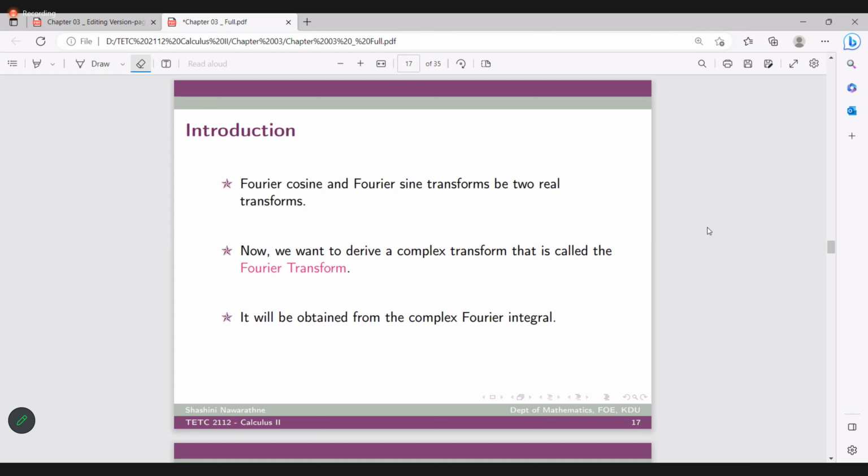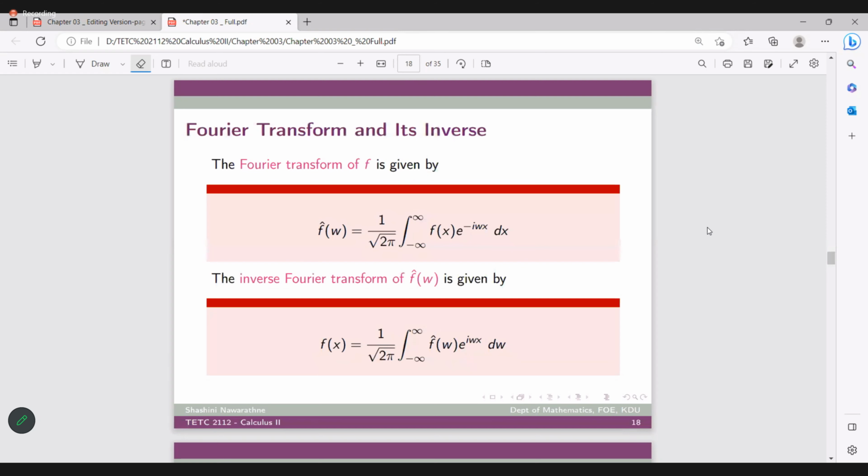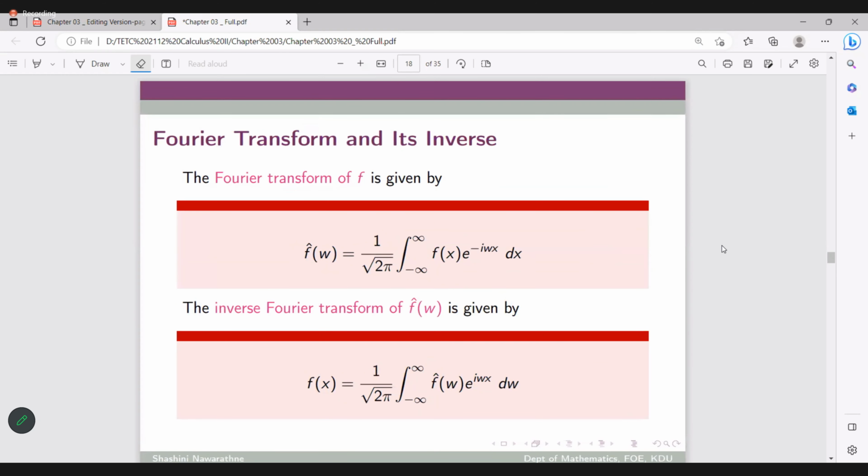We obtained the Fourier sine and Fourier cosine transforms starting from the Fourier sine and cosine integrals. Here we are obtaining it using the Fourier complex integral. I am not going to discuss those derivations. These are the two expressions to find the Fourier transform of f and the inverse Fourier transform. So let's see.